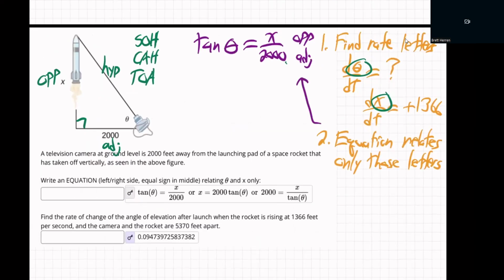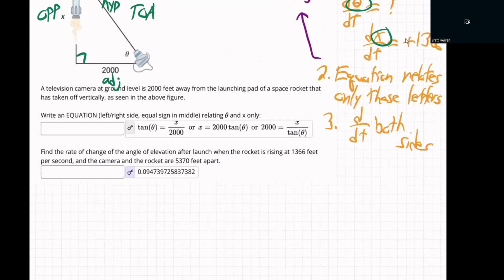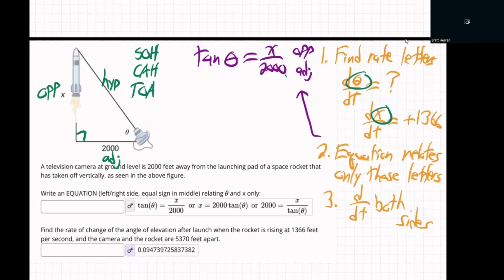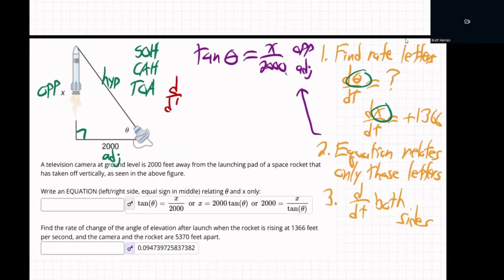And then step three is do the d dt of both sides. So I'm going to go d dt of tangent theta, and I'm going to go d dt. Now, I don't like x in fractions, right?